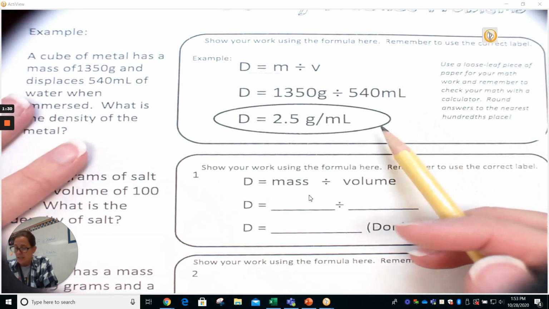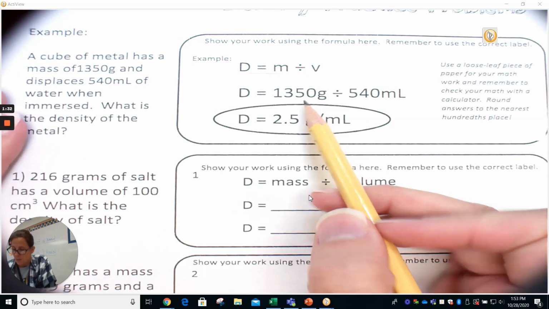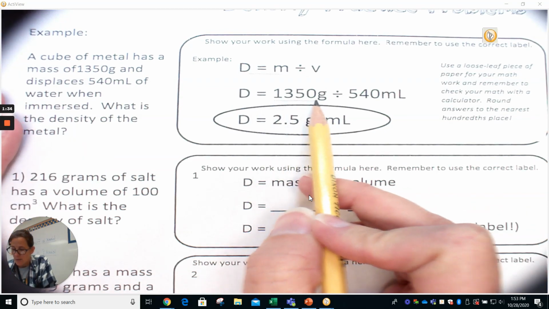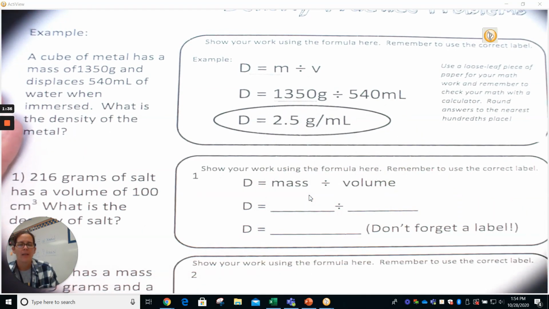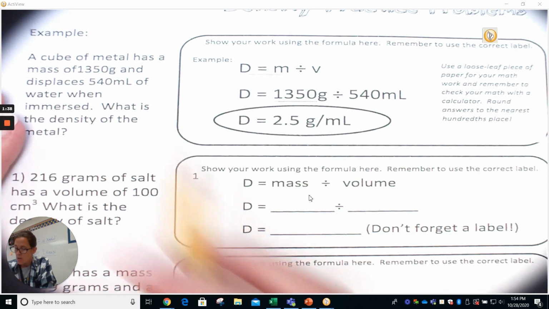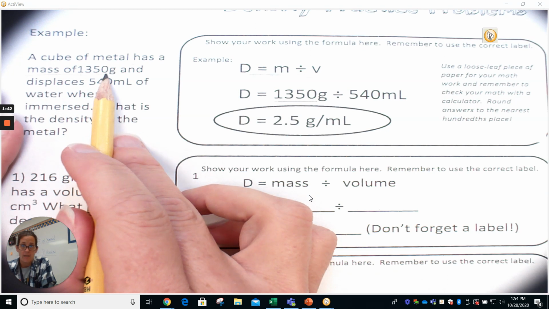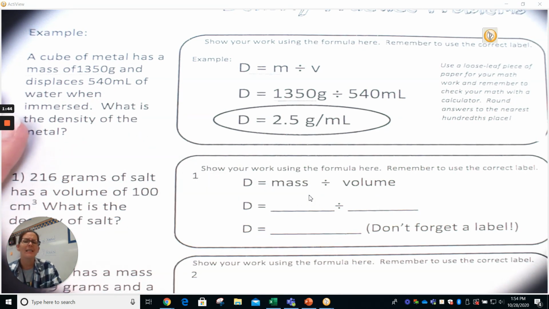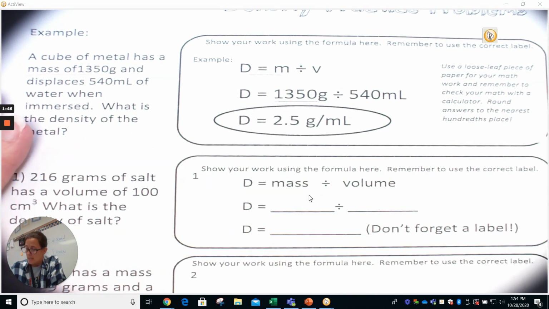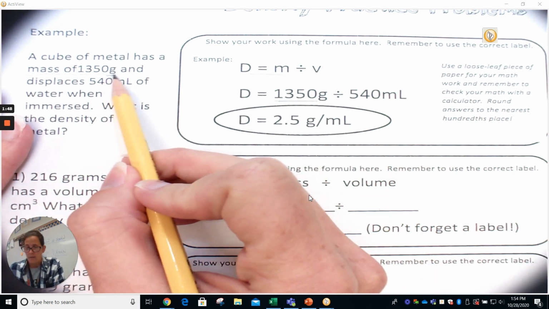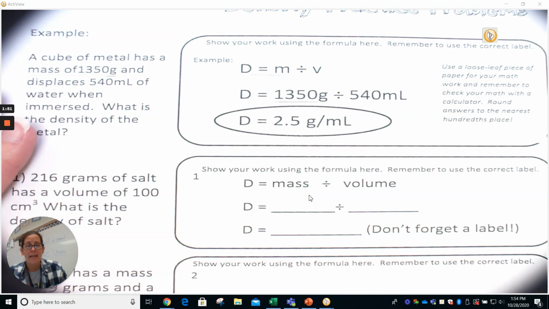So we're going to fill in, well, actually it's already done for us here. We've got our mass first. Well, how do we know that that's the mass? Number one, it says it has a mass of right here, so that kind of gives it away. Even if it didn't say that, we would still know because this gram right here is a unit of mass.